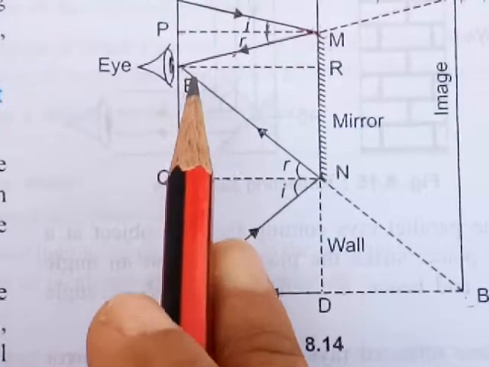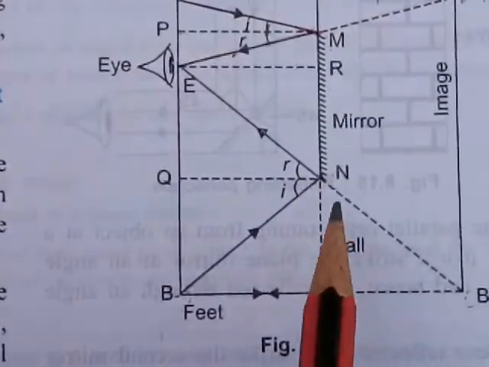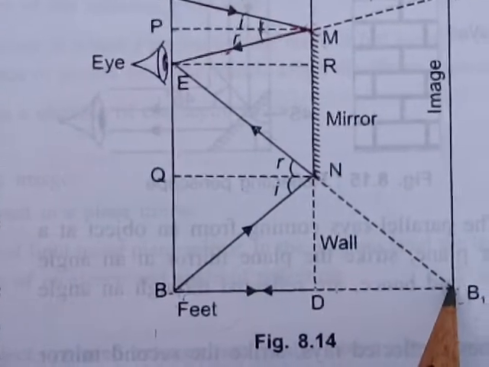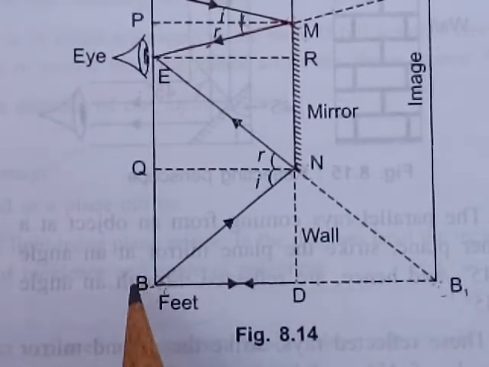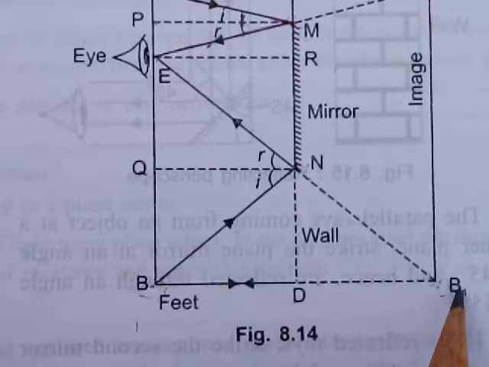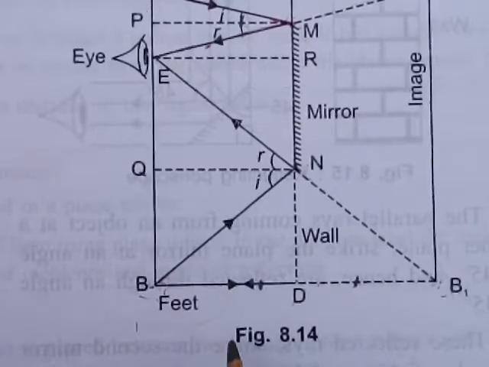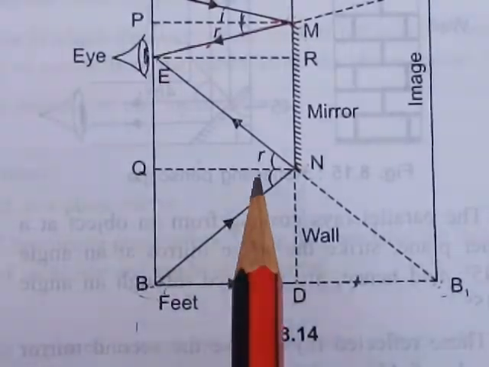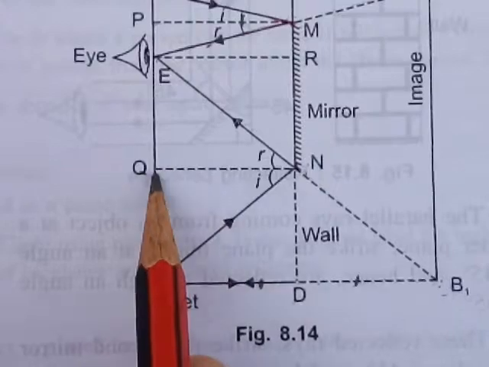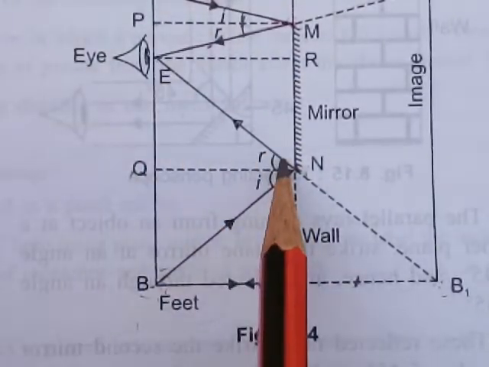When I extend the reflected ray in the backward direction, the image of the feet, the image of B, is B1. Again DB1 and BD are of equal length. So BNQ is angle I and QNE is angle R.